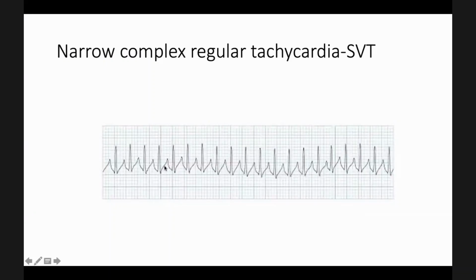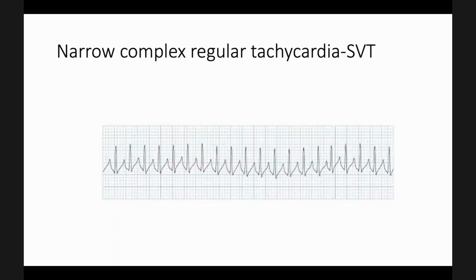Usually they are embedded somewhere here, because of that you don't see them. So you don't call this a sinus tachycardia because you can't see the P waves. When the P waves are not there and the rate is very high, definitely above 150, in that situation you can say this patient is having supraventricular tachycardia.